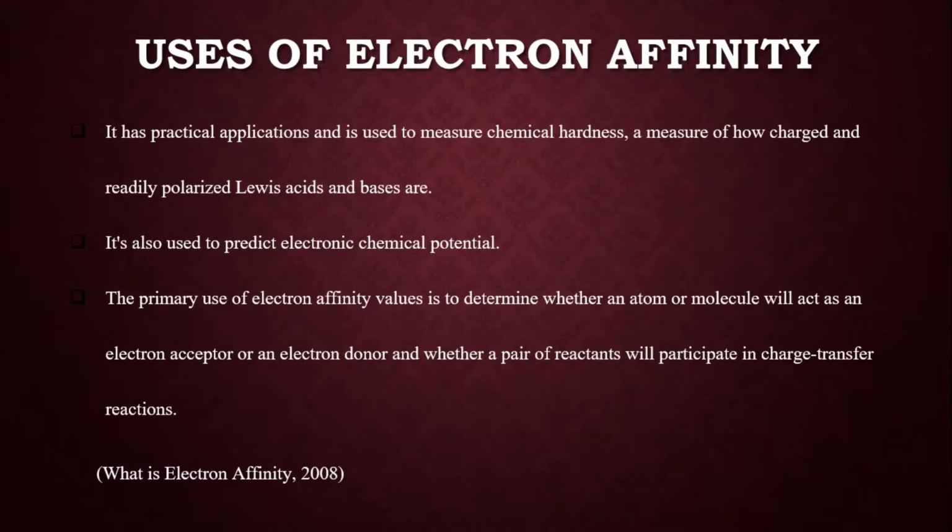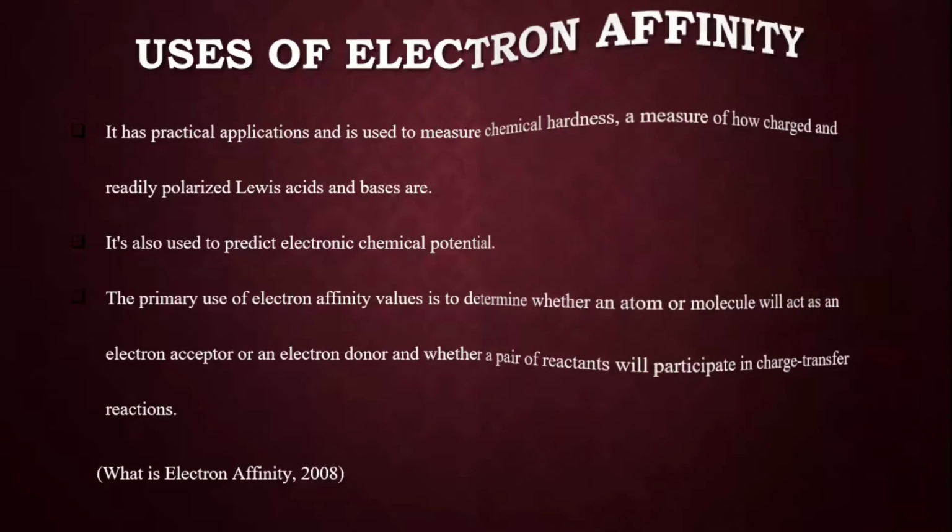However, going down the group, the electron affinity should decrease since the electron is being added increasingly farther away from the atom, less tightly bound, and therefore closer in energy to a free electron. This is basically shown in the diagram that was on the first slide of electron affinity. Next slide.